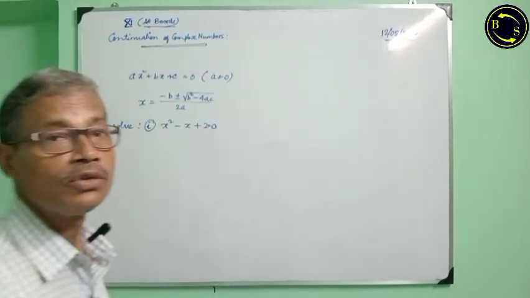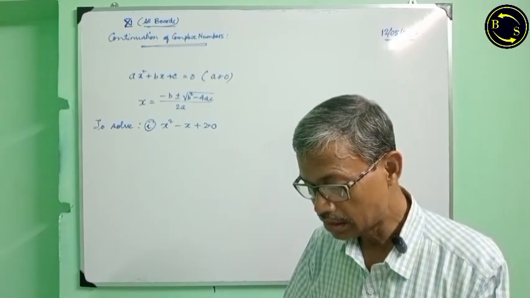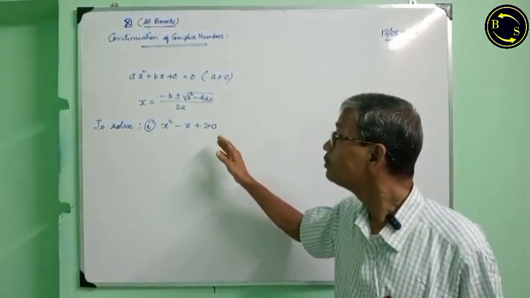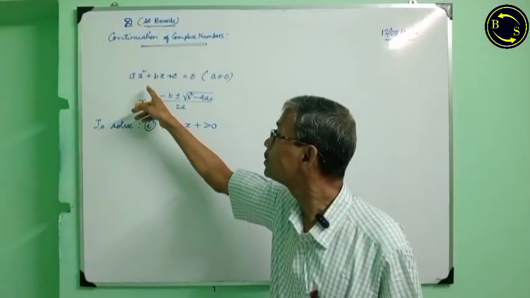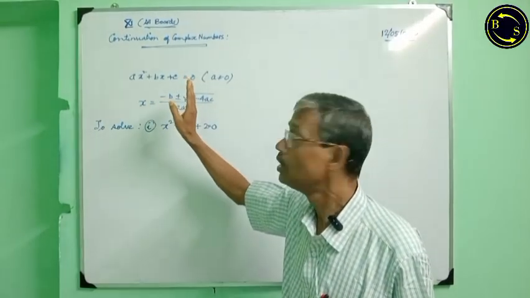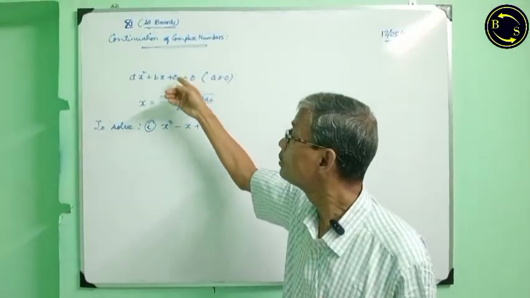One suggestion to students, while you are applying Sridharacharya formula, first you write down the values of the coefficients of x square, x and the constant term. That means you first compare this equation with that form.